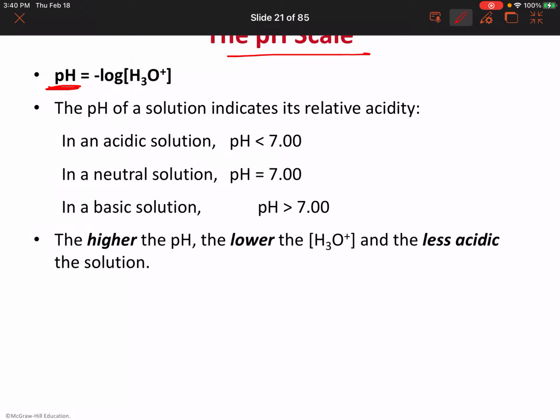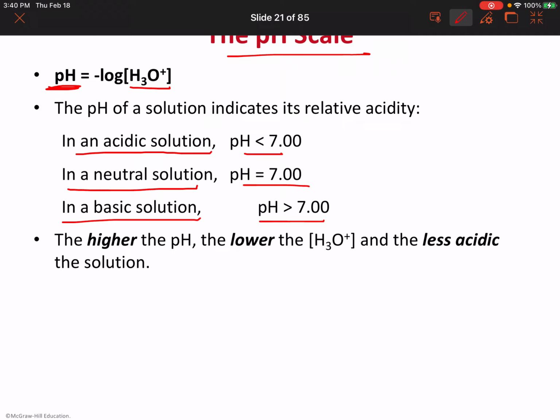Okay, hydronium ion H3O+. So pH is negative log H3O+. The pH of a solution indicates its relative acidity. In an acidic solution, pH is going to be less than 7. And in a neutral solution, pH 7. In a basic solution, pH greater than 7.